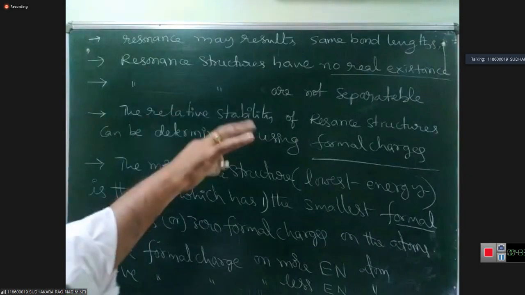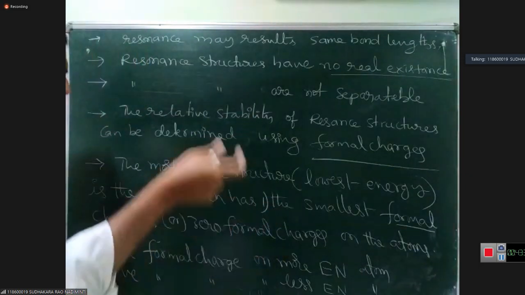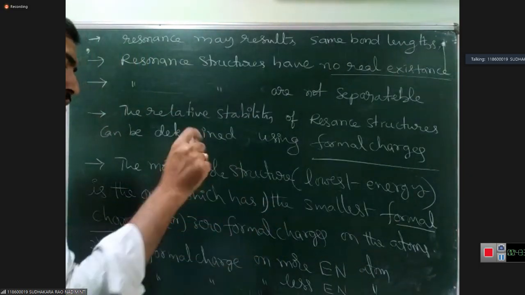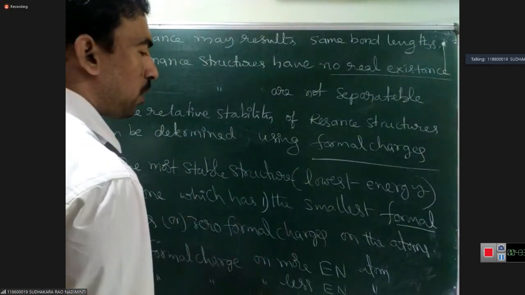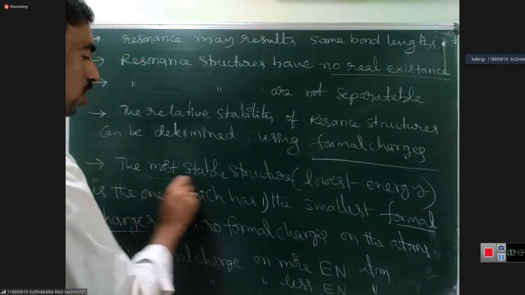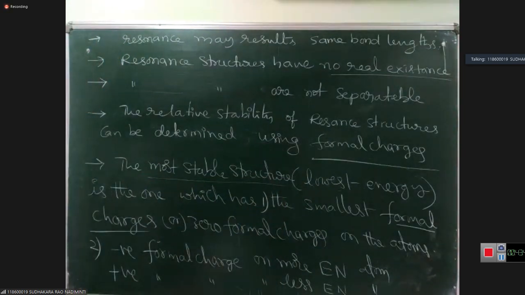The smallest formal charges, with the negative charge on the more electronegative atom and the positive charge on the less electronegative atom, will give the most stable resonance structures.